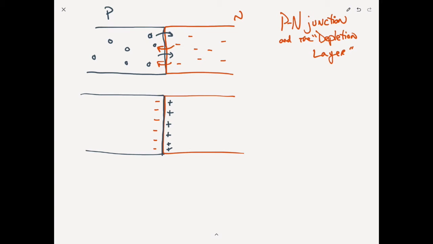So what we end up seeing in this depletion layer is a permanent separation of charge, whereas in the rest of the doped silicon, we've still got our excess of negatives on the N-type and our excess of holes on the P-type. So this layer is really at the core of how this junction behaves.